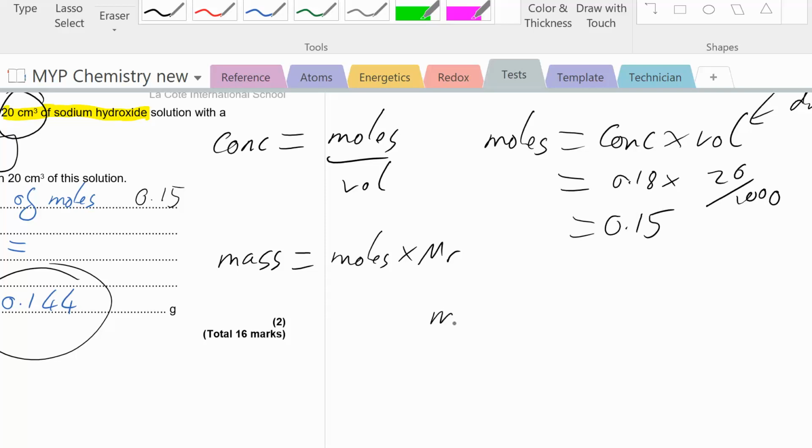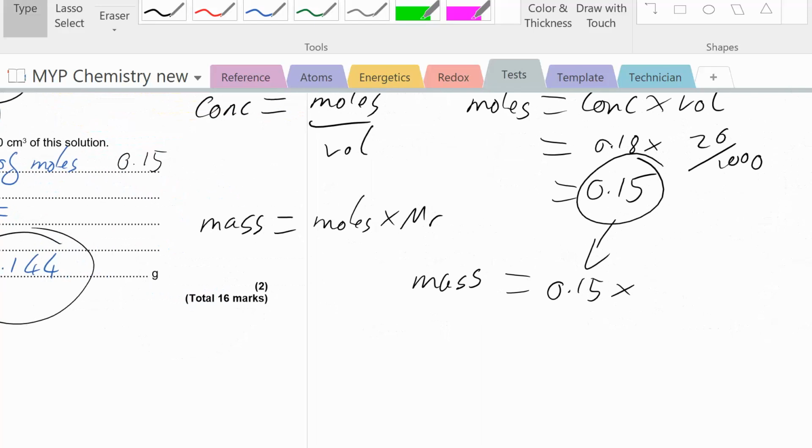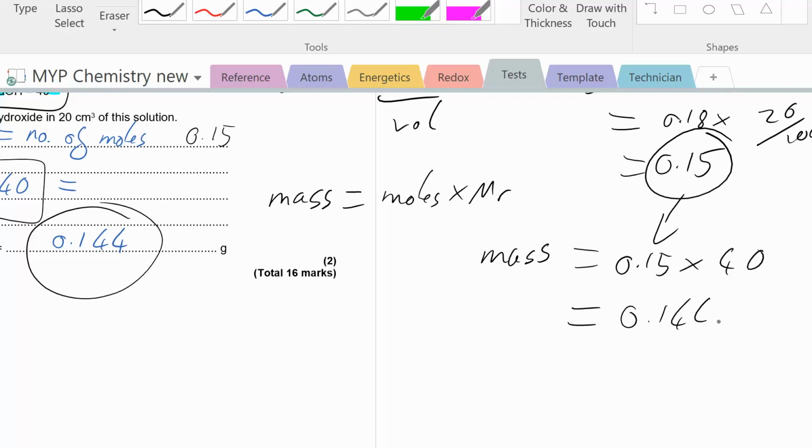And then the mass, now that we have the moles, this can go into this equation, 0.15 times the MR of NaOH, which is 40, and that gives you 0.144 grams. Okay.